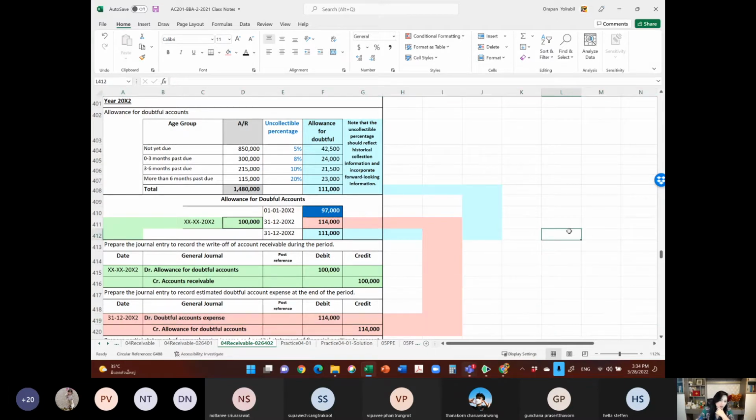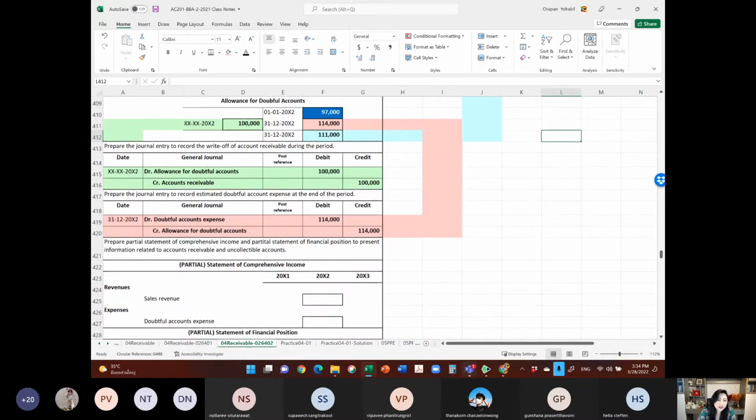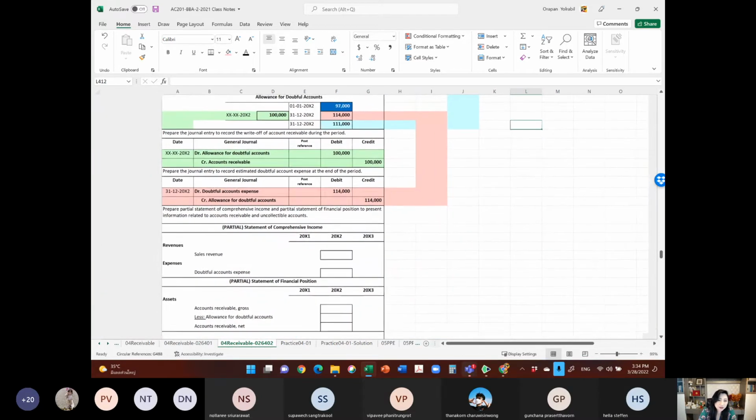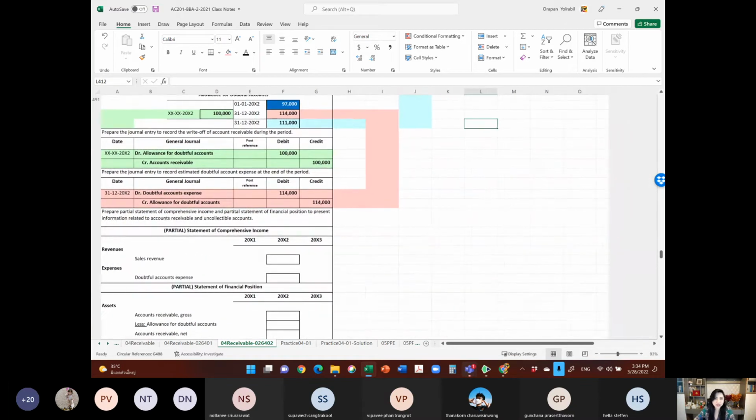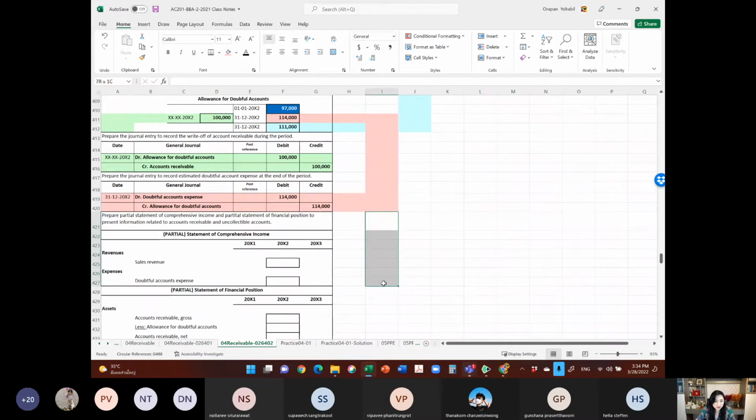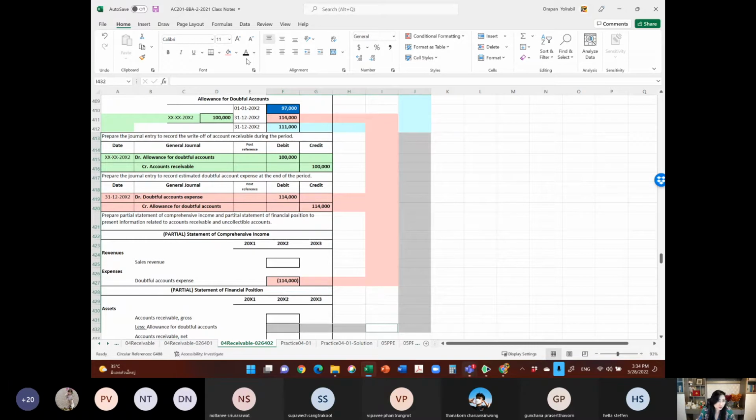All right, so do you agree with the calculation here? If yes, then let's take a look at the amount that will be presented on the financial statements. The expense, obviously, must be presented on the statement of income, and the allowance is a contra asset, so it will be subtracted from the accounts receivable, which is part of the company's assets.